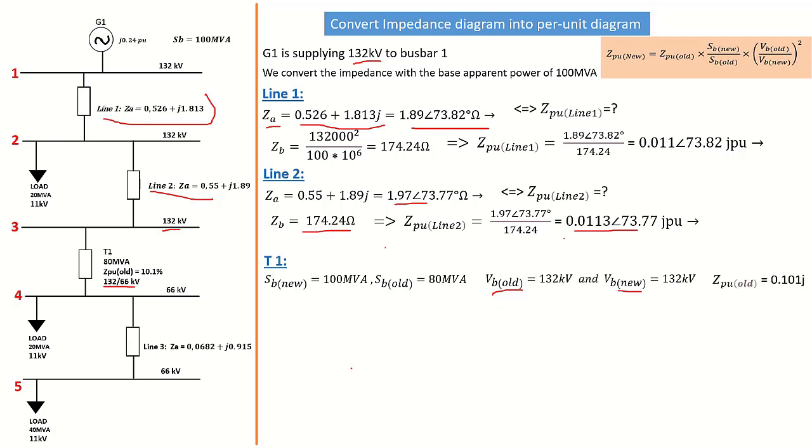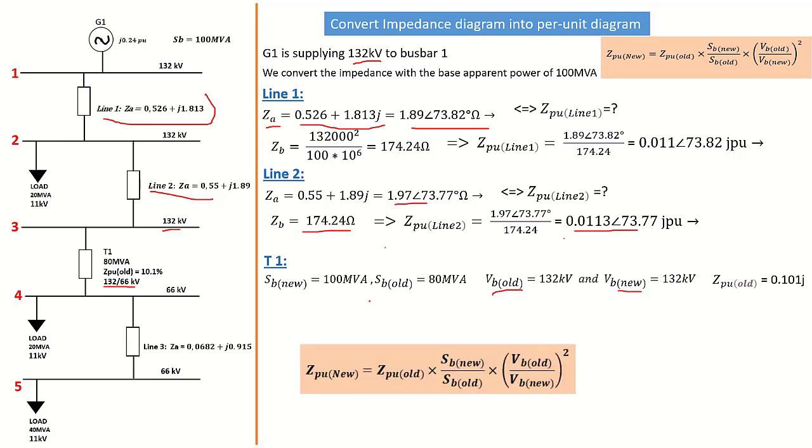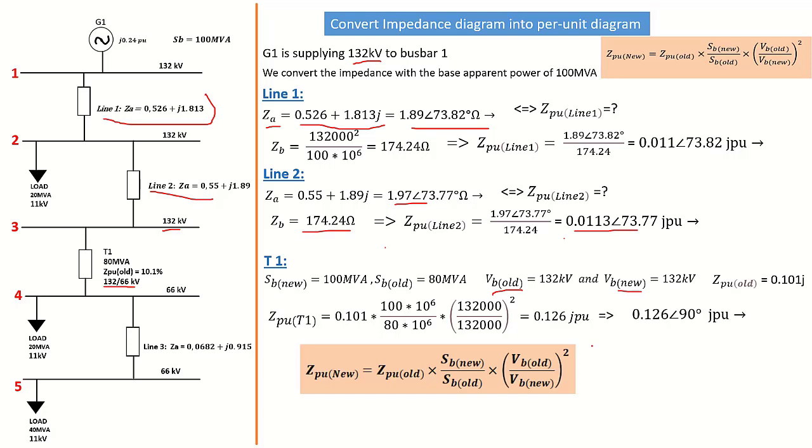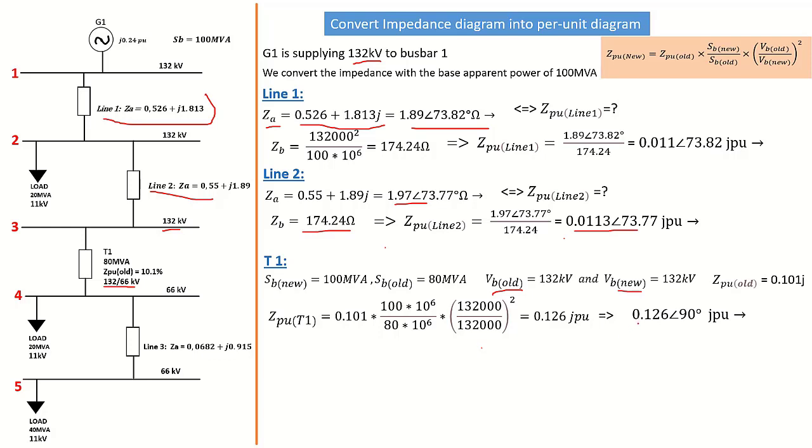Then we move on. Z per unit old is 0.101 j. Now moving on, we replace all the parameters into the Z per unit formulas. This gives us a Z per unit for the transformer of 0.126 j per unit. Converting into polar form gives us a magnitude of 0.126 with an angle of 90 degrees.